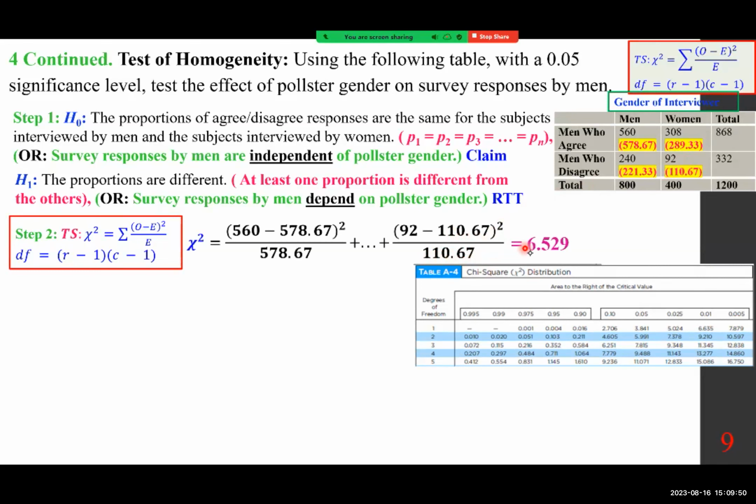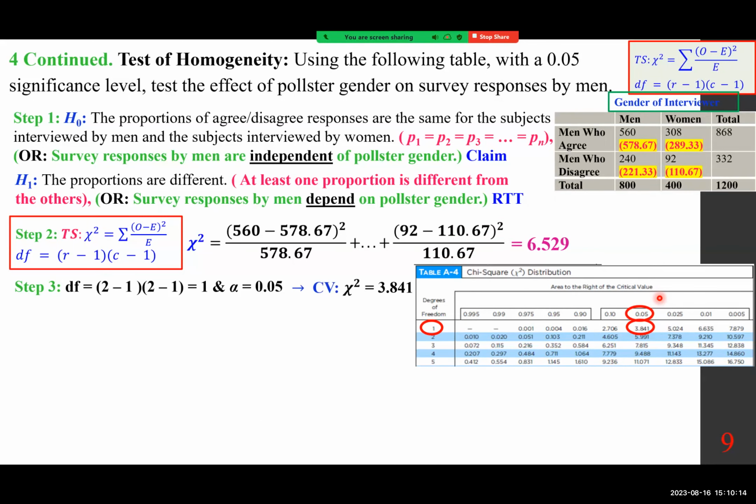The critical value, as you see, there are 2 rows, 2 columns, 2 minus 1 times 2 minus 1 is 1, alpha is 0.05. So degrees of freedom is 1. So you look for 1. And this one, 0.05, it's the area to the right. And there you have 3.841.